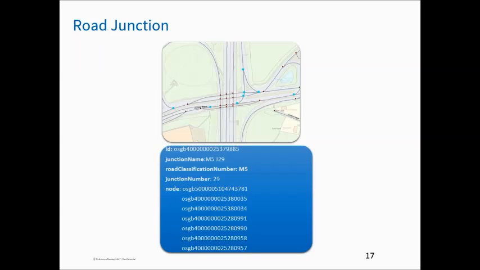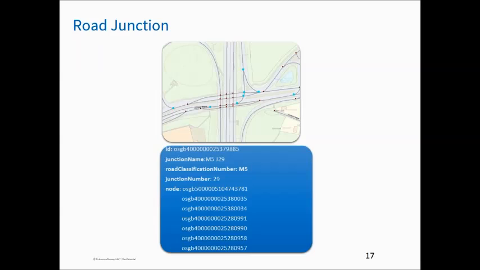So the road junction feature enables easier querying of road junctions compared to ITN, as it shows the collection of all road node features that share the same road junction name or number. Now this includes all nodes that make up slip roads and any other connecting links between two or more crossing road features. It's important to note that pseudo nodes would not be covered.